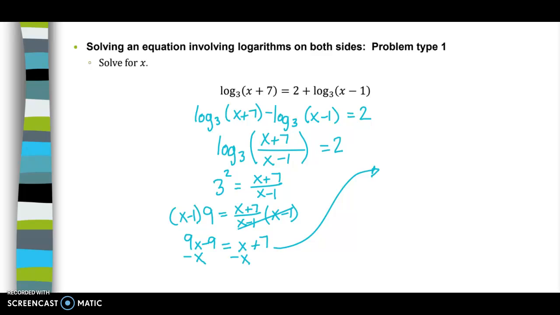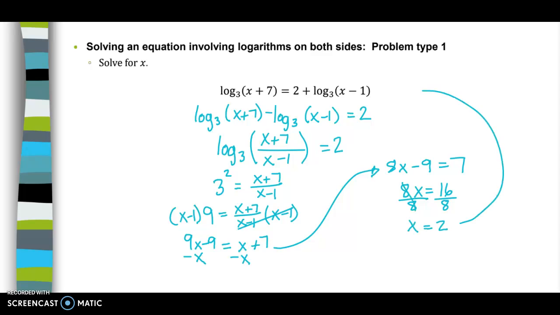This is going to equal 8x minus 9 is 7. And then add 9 to both sides. I get 8x equals 16. Divide by 8 on both sides. And I get x equals 2.